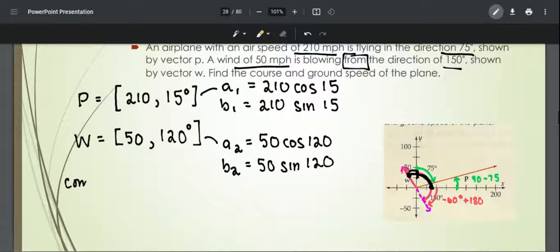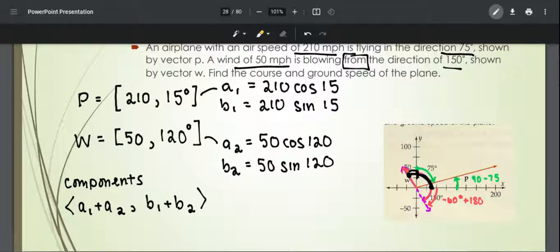So to save you some time, to find your components, we're going to add A1 plus A2, and that will be our new A component. And then we're going to add B1 plus B2, and that will be our new B component.